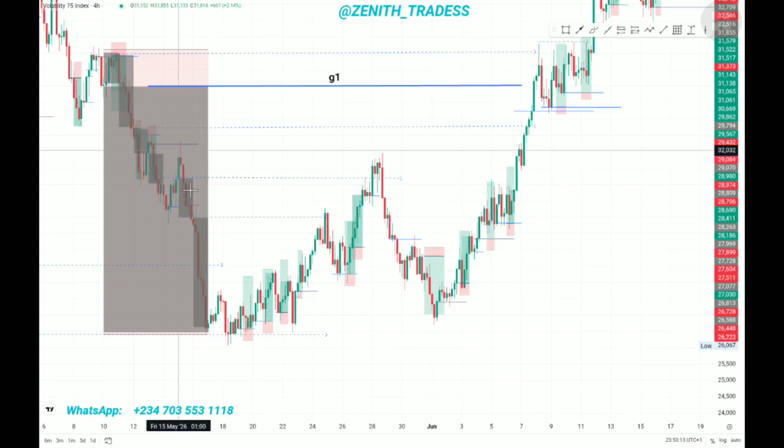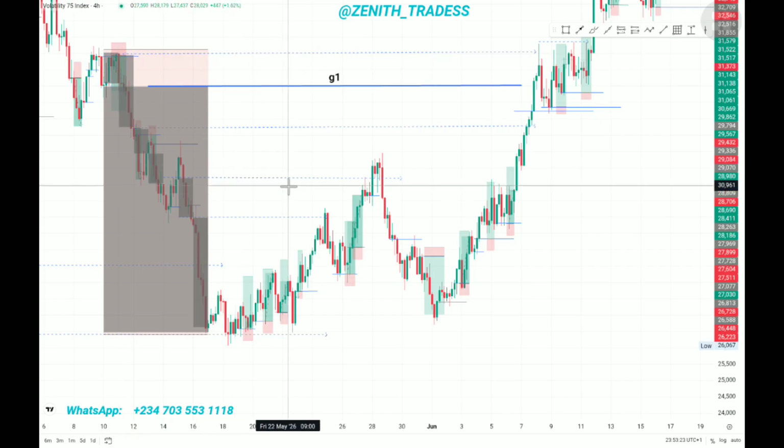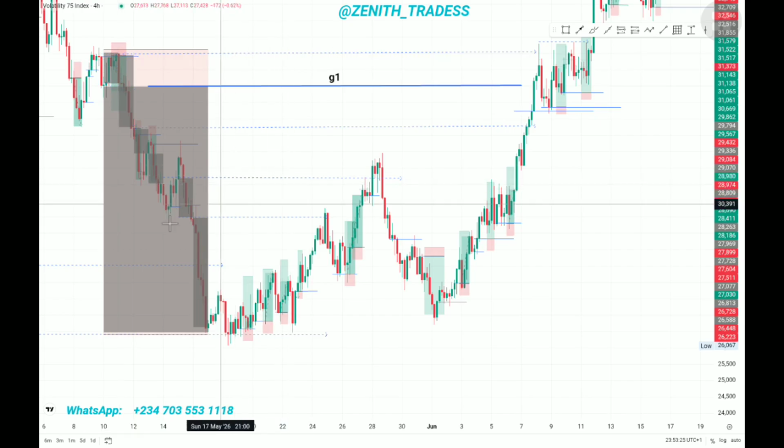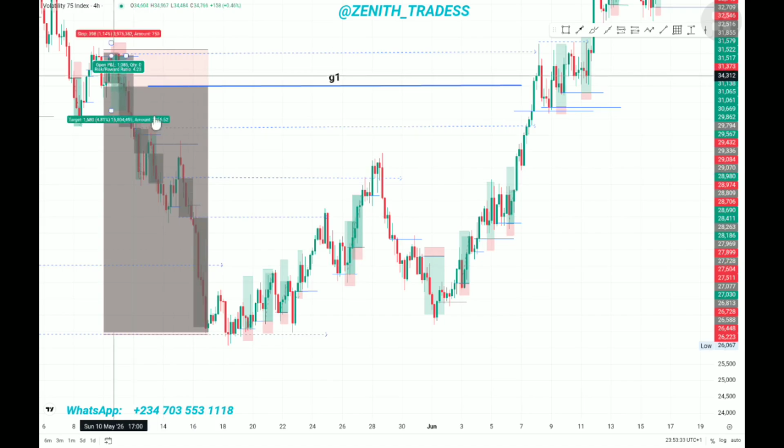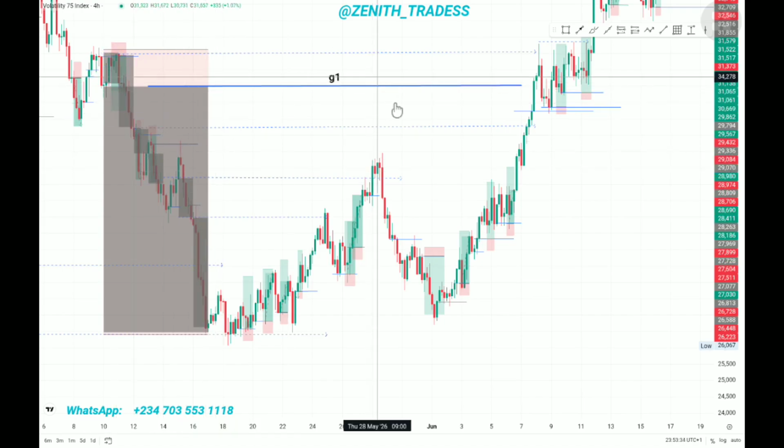We did not draw their wicks, that's why you didn't see that part. How many here? 1, 2, 3, 4, 5, 6. So we have 6 4-hour candles inside of a daily candle, and in the weekly candle itself, how many daily candles inside? 1, 2, 3, 4, 5, 6, 7. 7 days in a week. This is the weekly open.